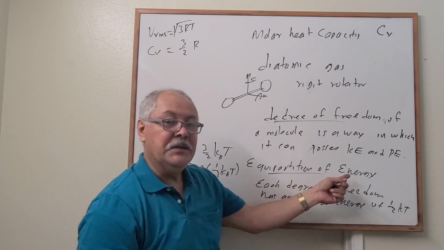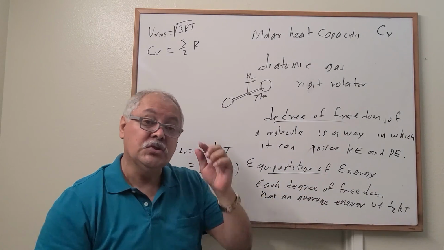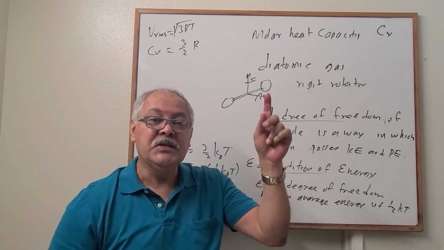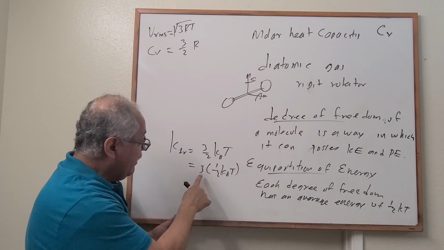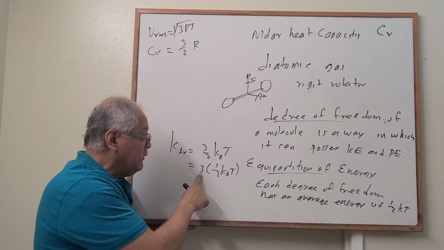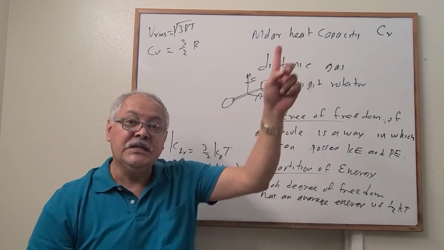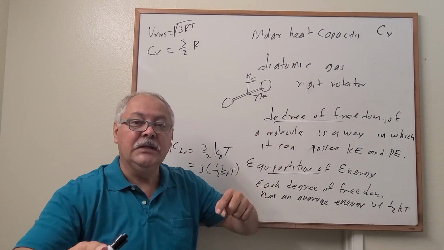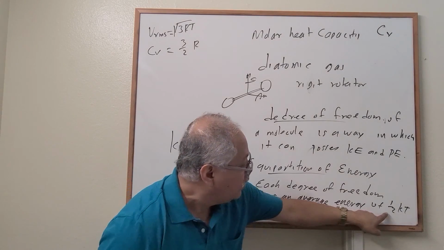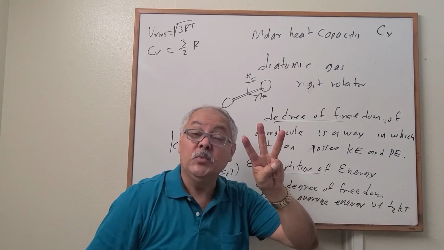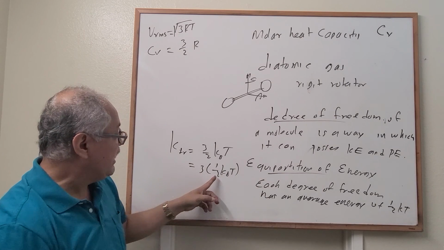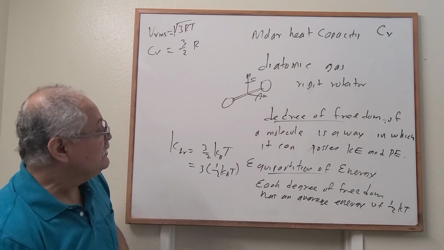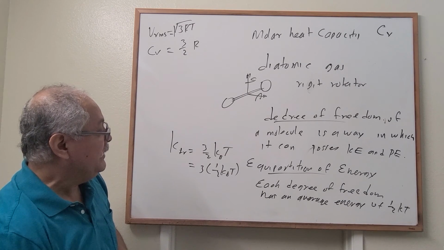This is the equipartition of energy, because when we're dealing with translational motion of a monatomic ideal gas, we have energy in X, Y, and Z. Each component, X direction, Y direction, and Z direction, has 1/2 kT, because we have 3, so the total is 3 times 1/2 kT. That's the meaning of this analysis.